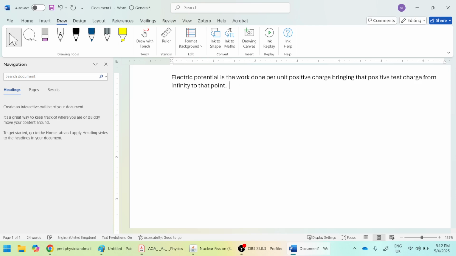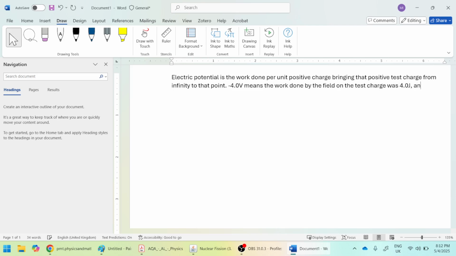So we can say minus 4.0 volt is the work done by the field on the charge was 4 joules.